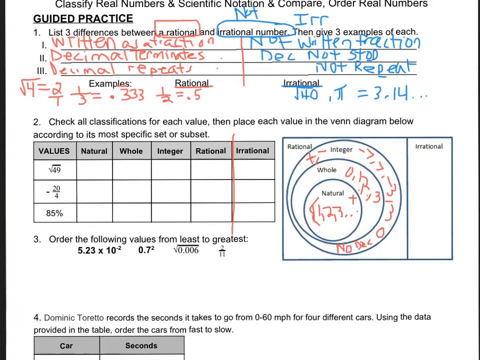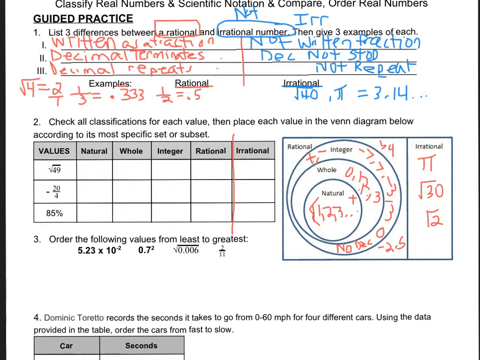That is a rational value. Anything that can be written as a fraction, 1/4, -2.5, these are examples of rational values. Irrational numbers are non-perfect squares, like the square root of 30 or the square root of 2, as well as pi.